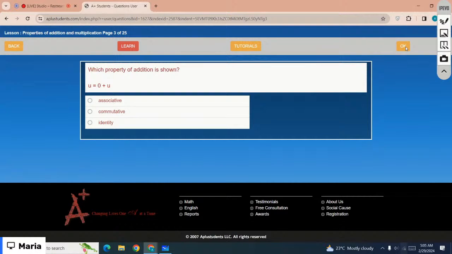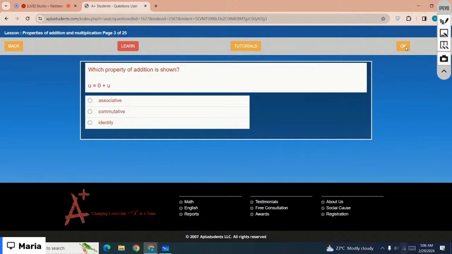Which property of addition is shown? Which is the correct option? U plus 0 equals U. So when you add 0 to U, the answer is U. That means adding 0, the number stays the same.